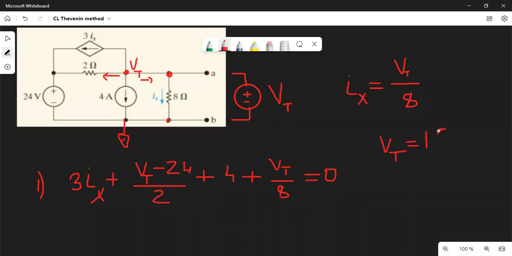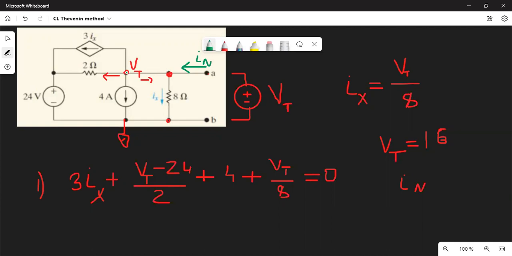So what about It, the current? If we want to identify the current in the Norton equivalent, assume there is a current going to the right, equal to IN.